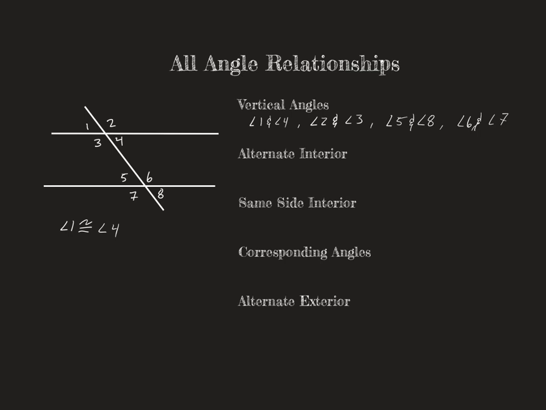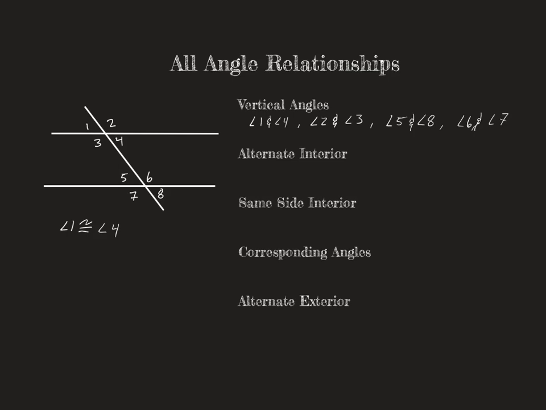And now let's look at alternate interior angles. We said that alternate interior angles are congruent. So that means that angle number 3 and angle number 6 are going to be equal to each other. They have the same measurement.